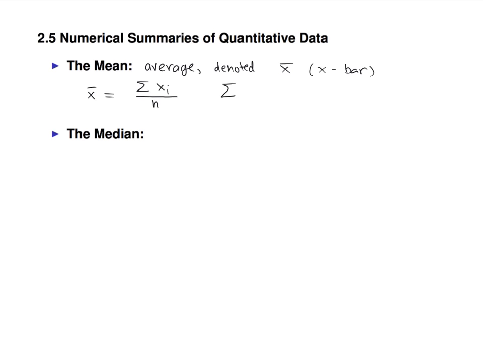What do you think sigma stands for in this context? Sum. Yeah, so sigma means sum in math. This means sum up all of the values that you have. And n, we talked about yesterday, was your sample size, which you could also think about as how many, right?